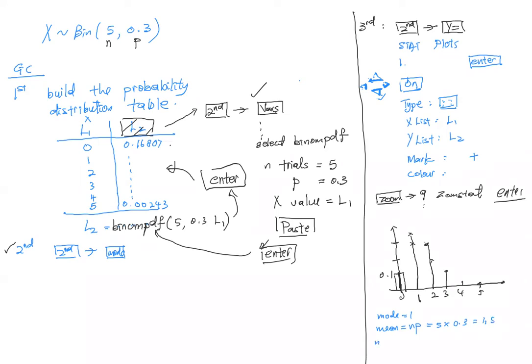Median: where is the location of the 50%? You can go to Stat, Calculate, 1-Var Stats, then you can get the answer. What is the median? The median is 1.